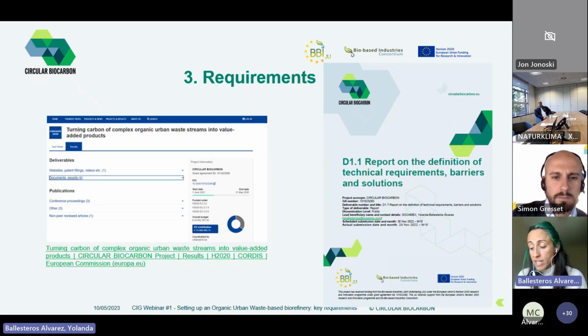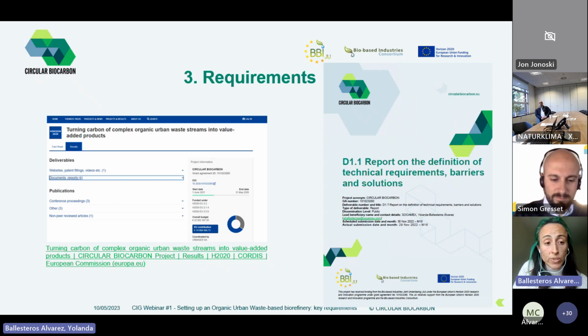But I would like to remark that the information displayed in the previous slide, together with the complete information, has been used to prepare deliverable D1.1, which is the report on the definition of technical requirements, barriers, and solutions. This is a public deliverable, which can be accessed through Cordis here.